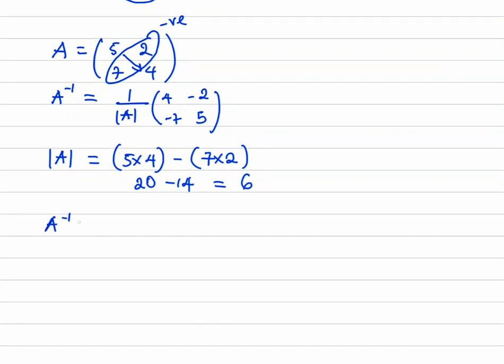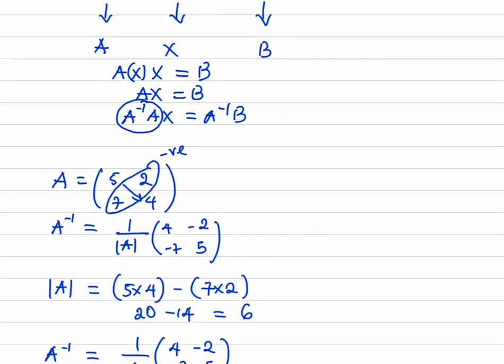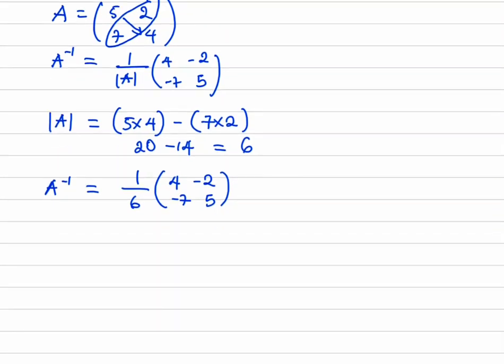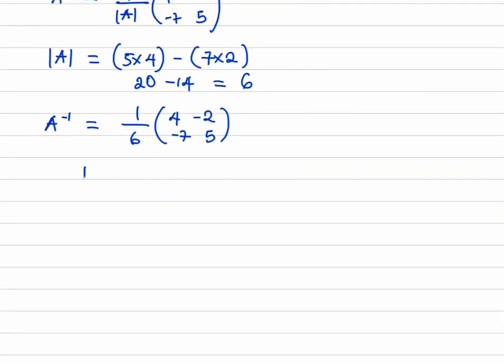So my inverse will be 1 over 6, then, of course, we have 4, -2, then -7 and 5. This is the inverse. So remember, we are pre-multiplying. So putting it together, I'm going to have 1 over 6, then we have 4, -2, then -7 and 5.